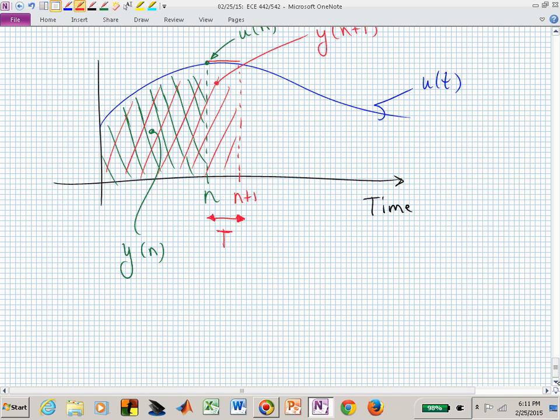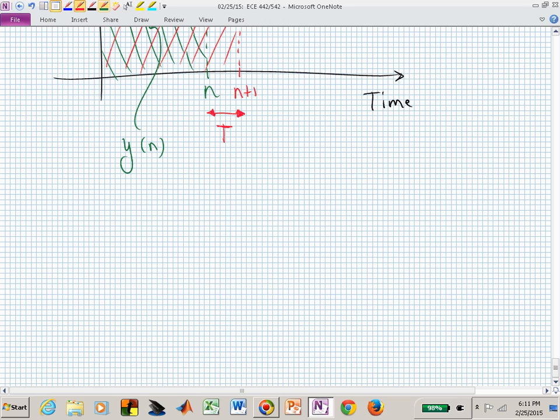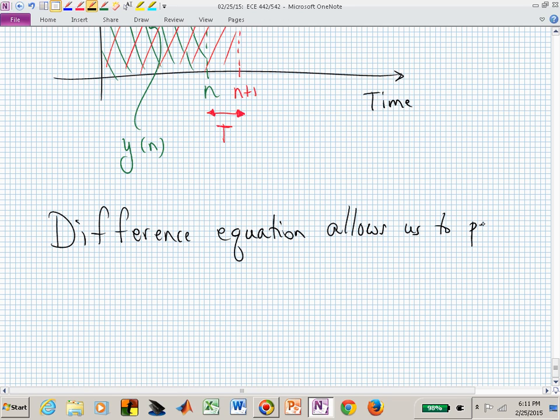So now you have a way of finding the area under any curve if you can express it as u of n. This is now a difference equation that allows us to perform numerical integration.